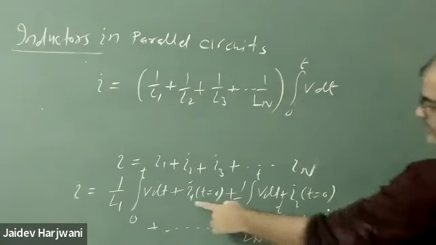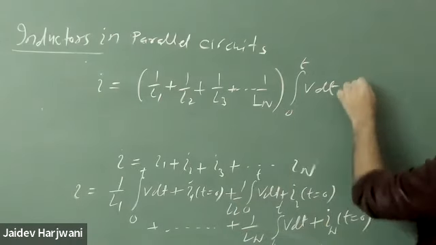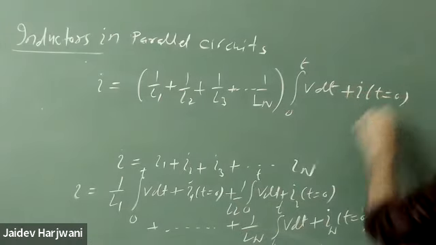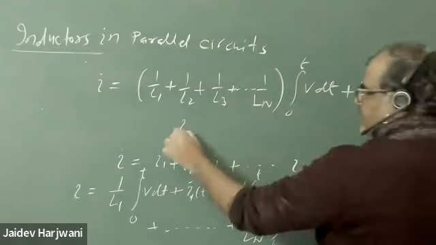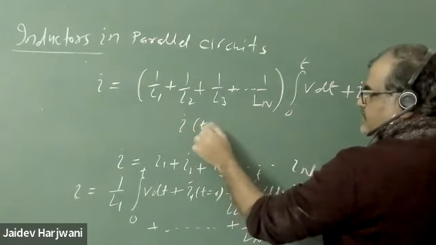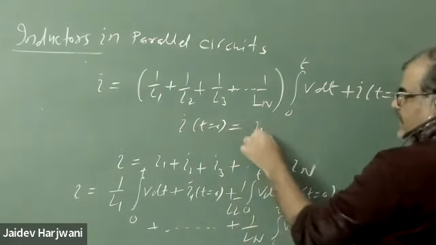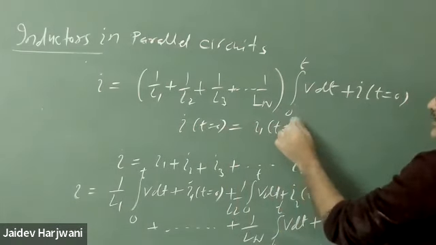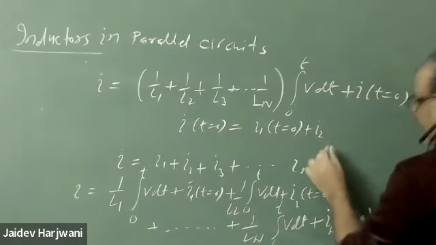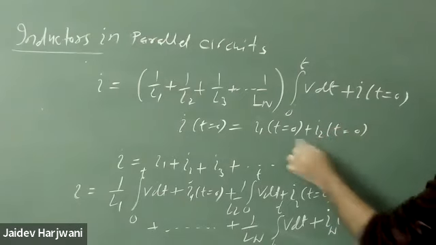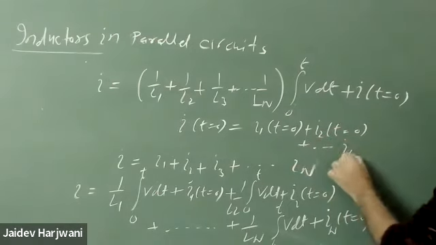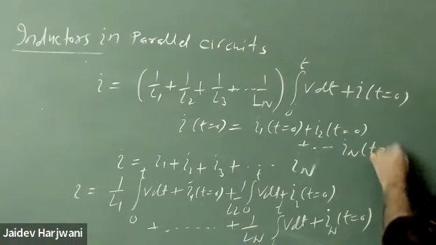And if I sum all the things, it will be the total current I at t equals 0, where I at t equals 0 is I1 at t equals 0 plus I2 at t equals 0, and so on, In at t equals 0.